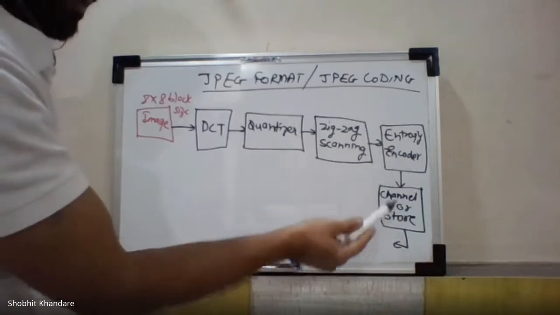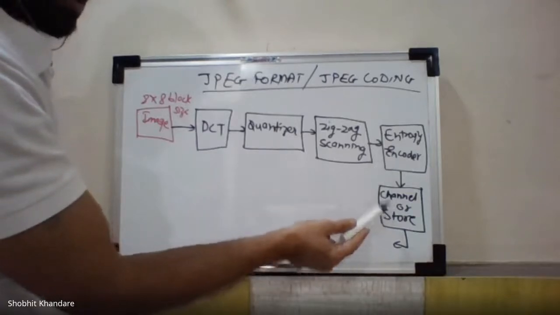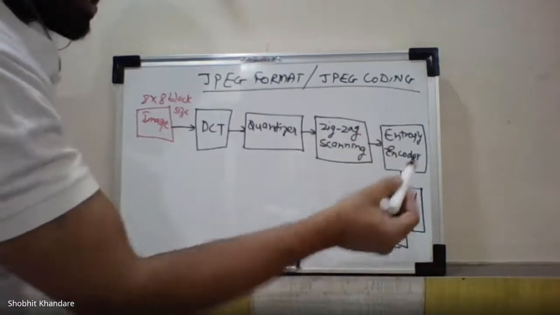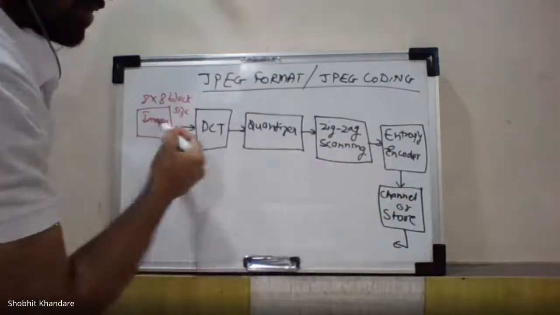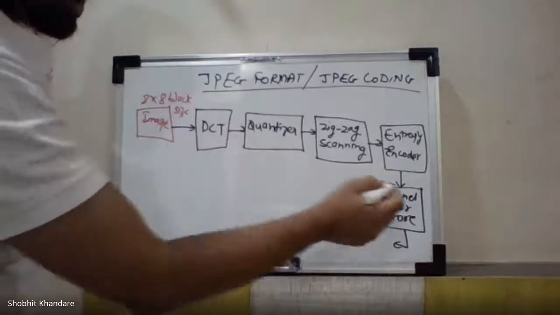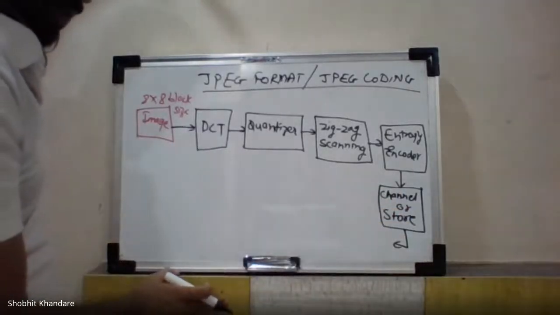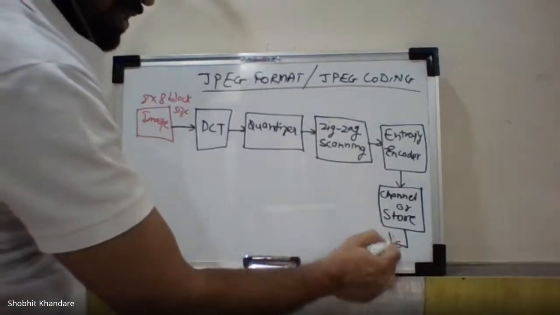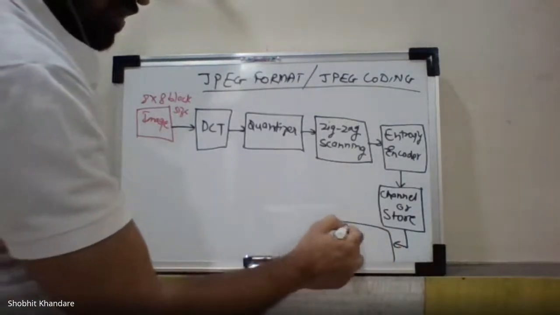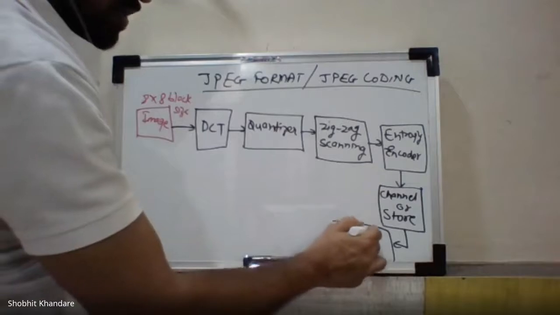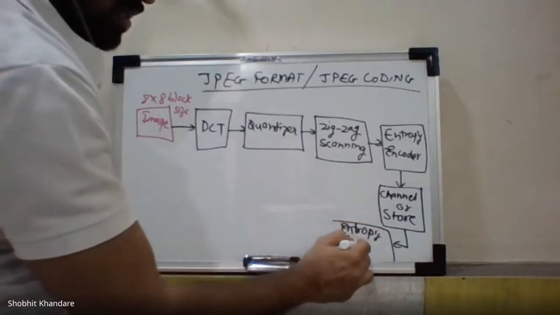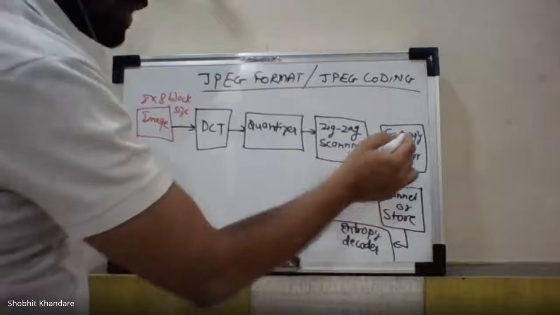Whenever you transmit through the channel, at the receiver exactly the inverse of this will happen. So channel or storage. Now if I want to transmit, then you have the entropy decoder, the inverse of the entropy encoder.